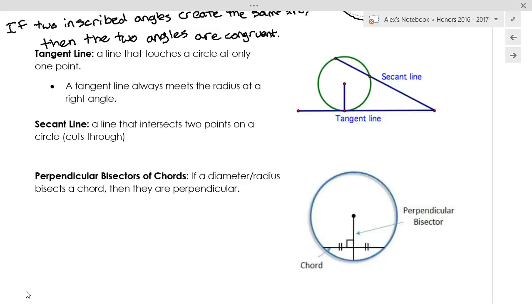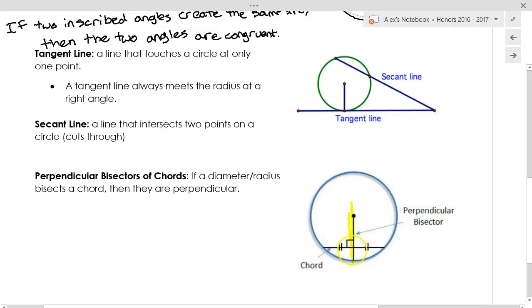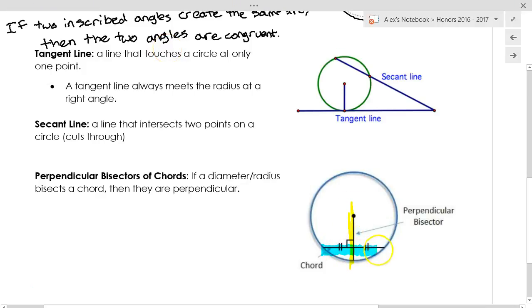Then we have the perpendicular bisectors of chords. And this one goes both ways. If the diameter or radius, it doesn't matter which it is, goes to the center point and intersects a chord, and it bisects it, then they're also perpendicular.